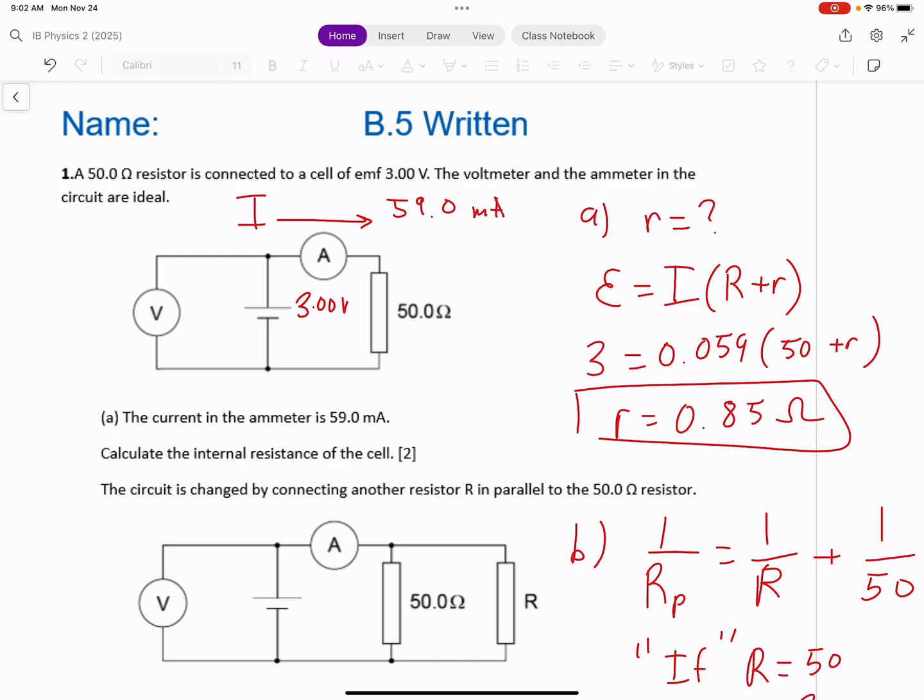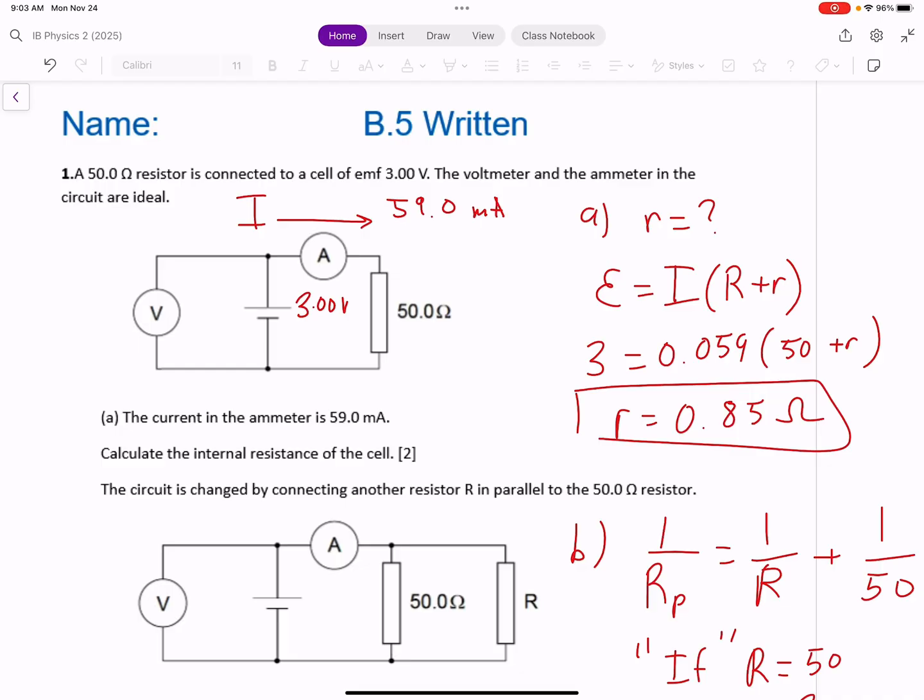A lot of the time, a question will state if there is internal resistance or if there is no internal resistance. Most of the time, if you're looking at a circuit, you can assume there's no internal resistance unless it is specifically stated, because that does affect pretty much everything in the circuit. It affects the total resistance of the circuit, the current coming out of the circuit, and the voltage coming out of the battery. So it's very important to understand internal resistance.